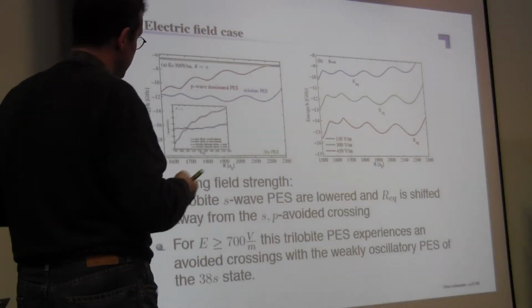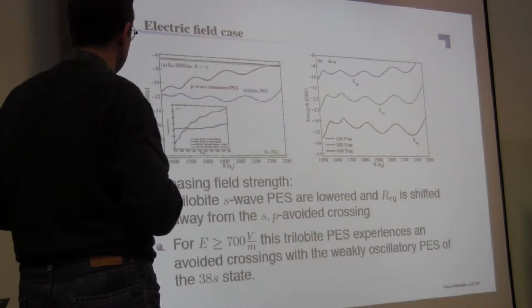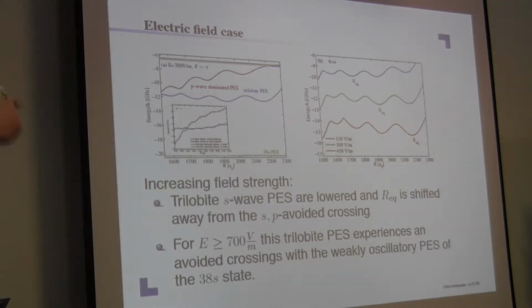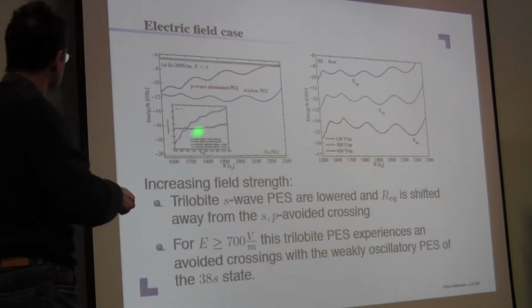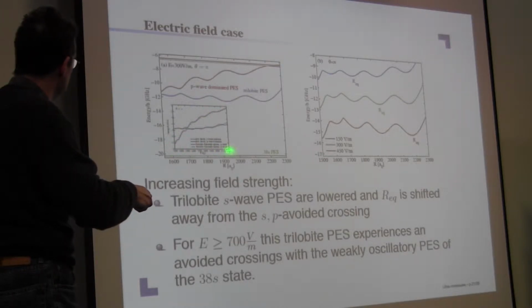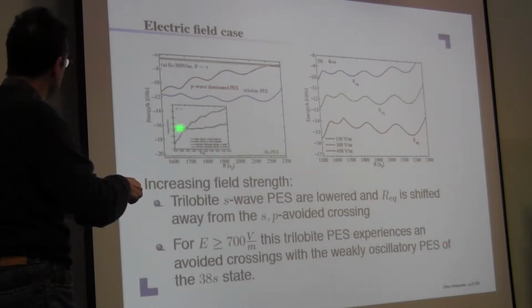Potential energy surfaces and properties compared to the p-wave states. Now, if you look at the inset over here, this is an inset which shows potential energy curves. Then you get a p-wave state coming down as a function of the internuclear distance, and an s-wave state, oscillatory behavior, crossing it.